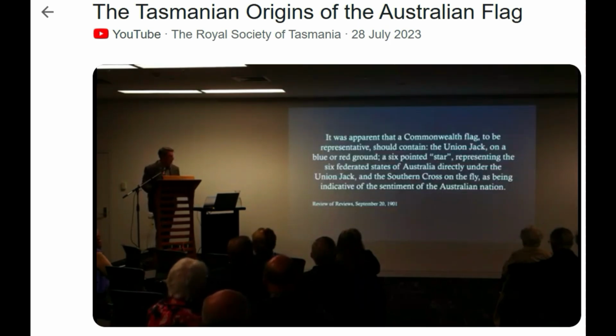However, on choosing these 5 designs, the judge's report read in part, it was apparent that a Commonwealth flag to be representative should contain the Union Jack on a blue or red ground, a 6-pointed star representing the 6 federated states of Australia directly under the Union Jack, and the Southern Cross on the fly as being indicative of the sentiment of the Australian nation.